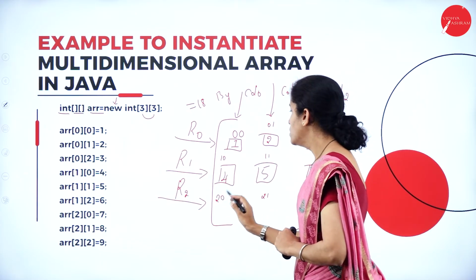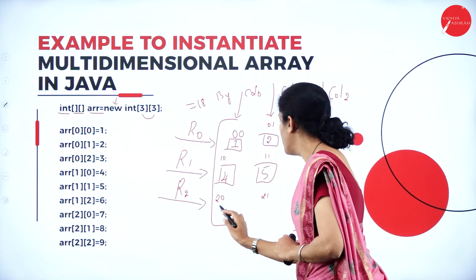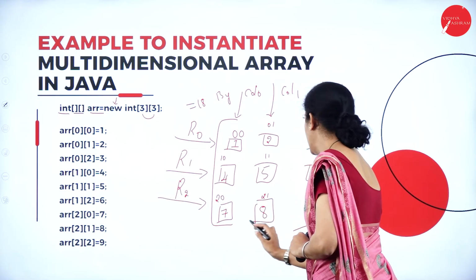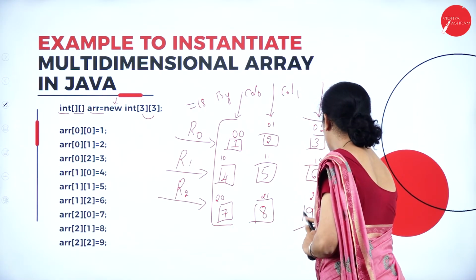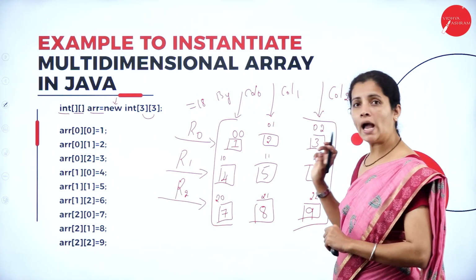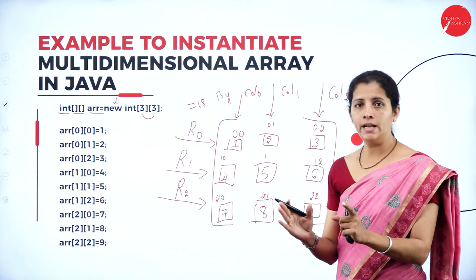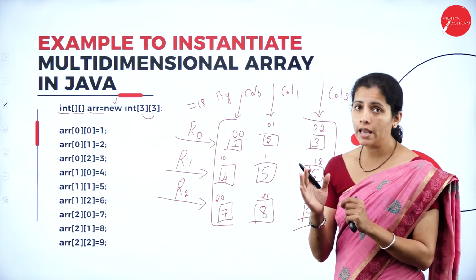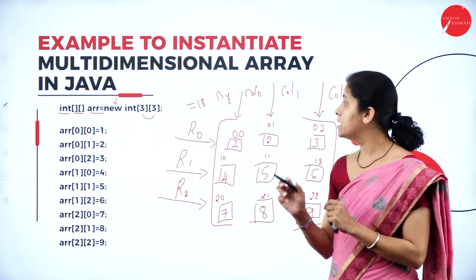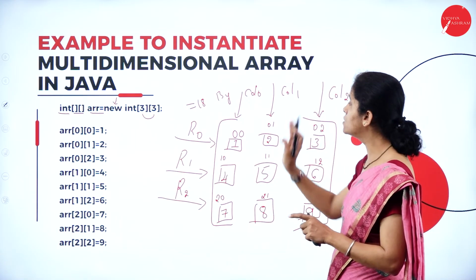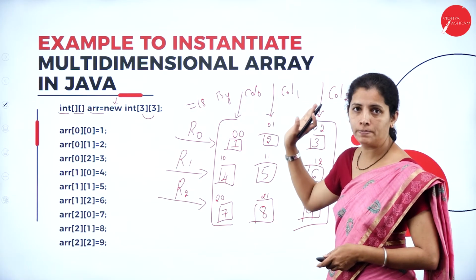Now 2, 0, it is 7, and 2, 1, it is 8, 2, 2, it is 9. Now, dear student, if I want to access any element which is present in a two-dimensional array, I require two indexes. And what are the two indexes? Row as well as column.